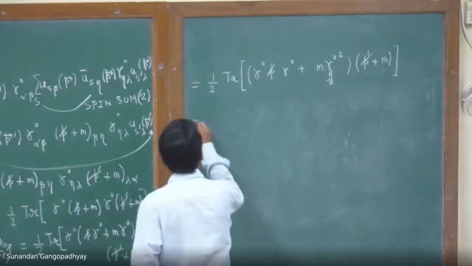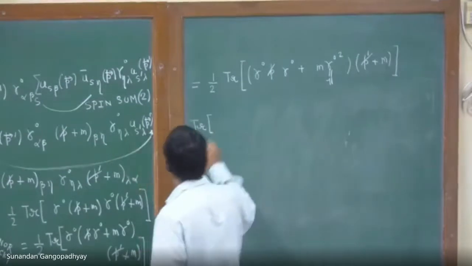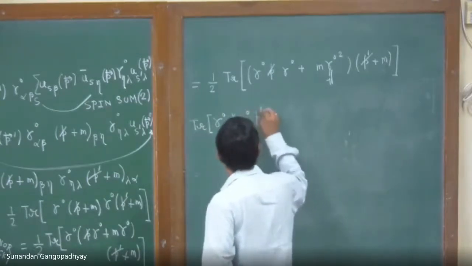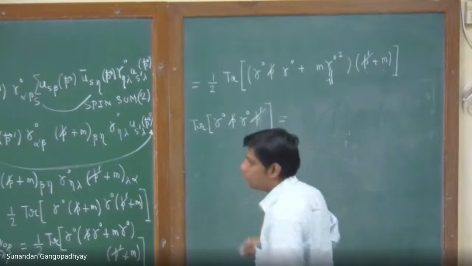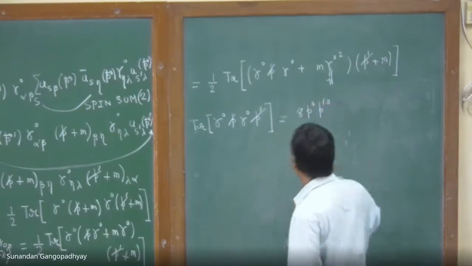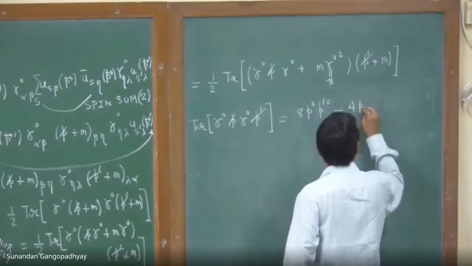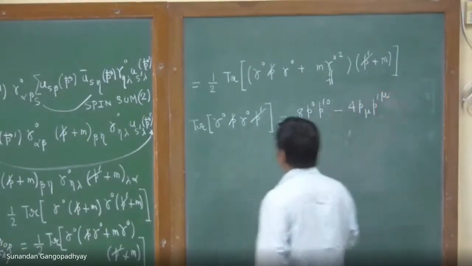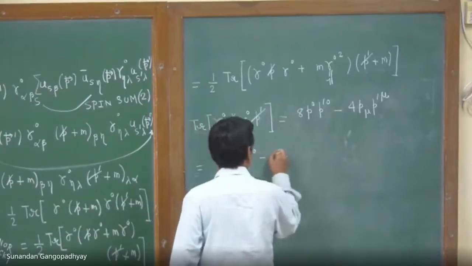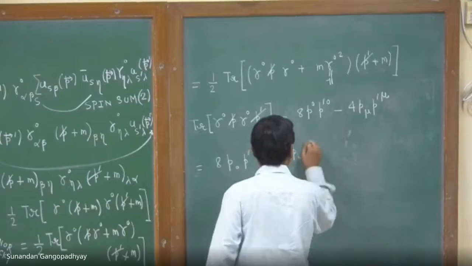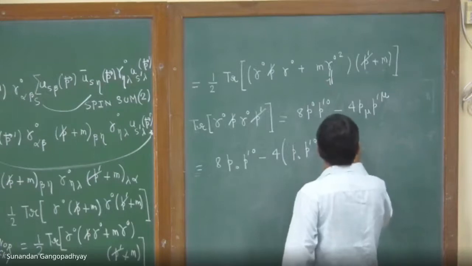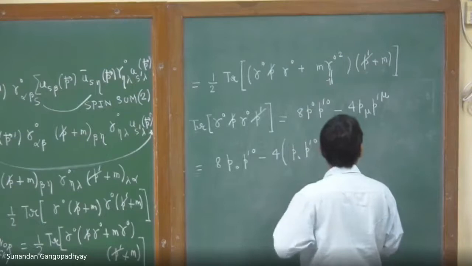So this trace of gamma 0 P slash gamma 0 P slash is basically equal to 8 P0 P0 minus 4 P dot P. This is equal to 8 P0 P0 minus P mu P mu.